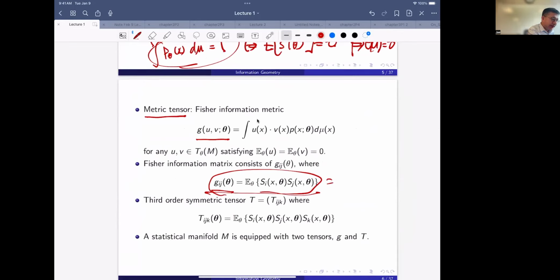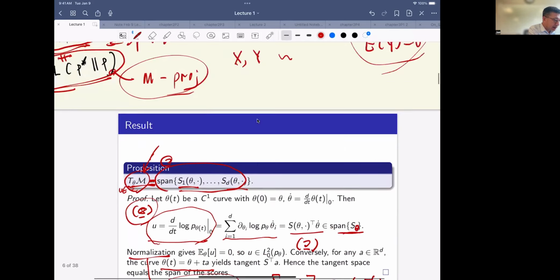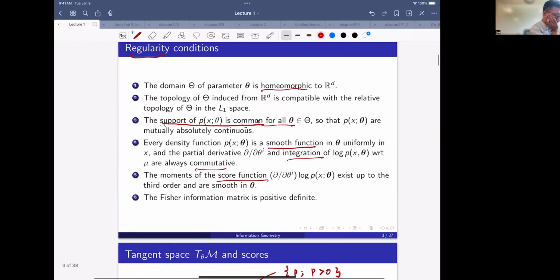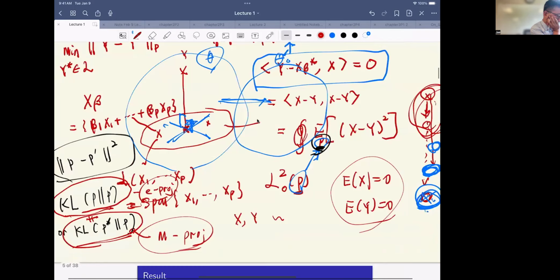This is actually the covariance of S_i and S_j, the sufficient statistics.